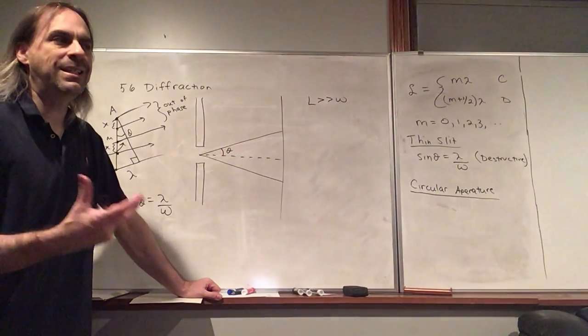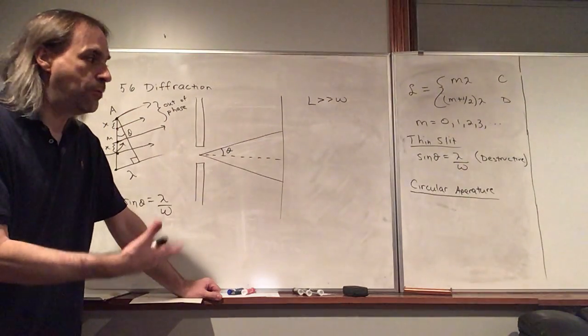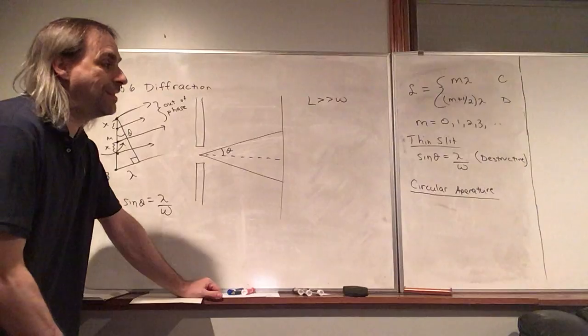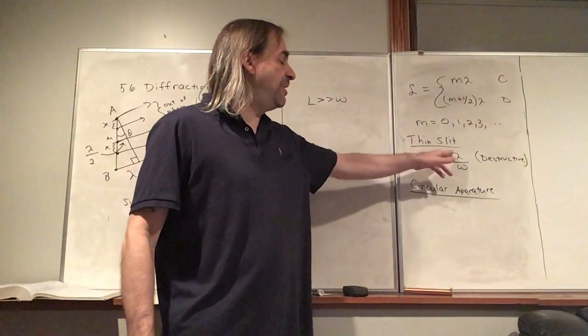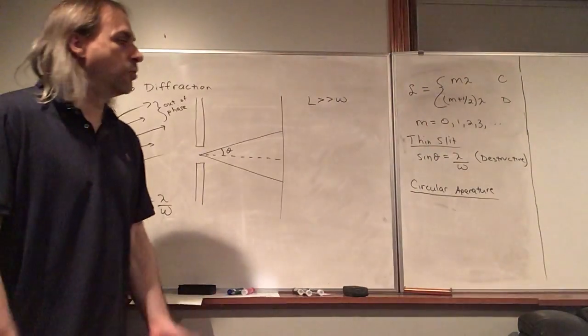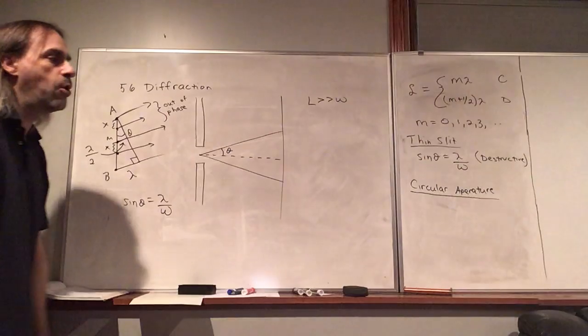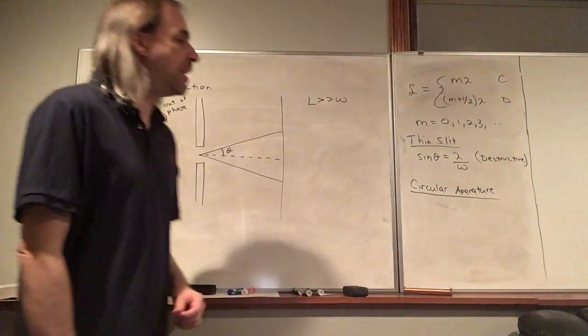So if you look at sound waves that might have a wavelength of around a meter, they will be affected by passing through a doorway. Light, measured in nanometers, basically you're going to get sine of theta equals 0, which means theta equals 0. So you're not going to notice any diffraction, but technically sine of theta is not precisely 0.